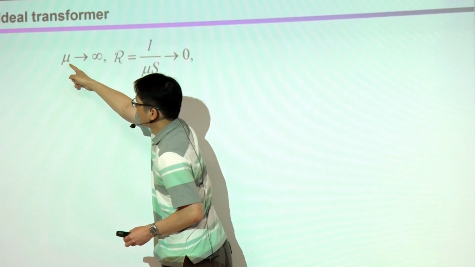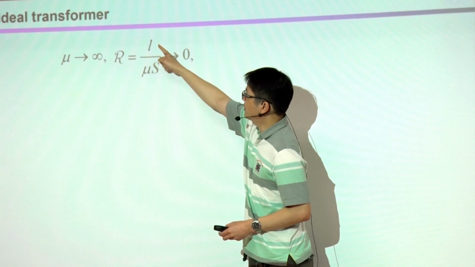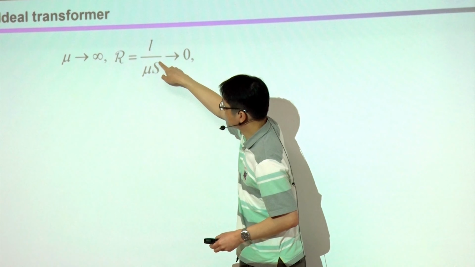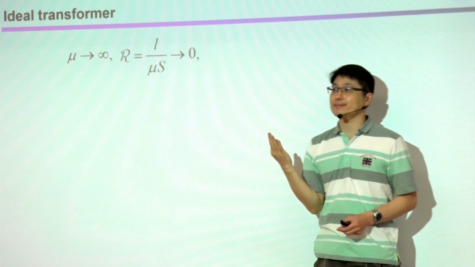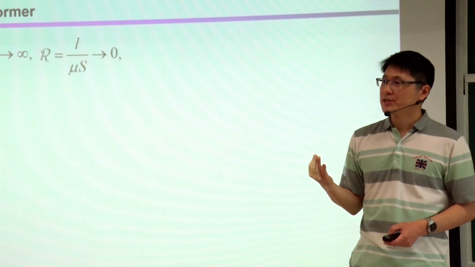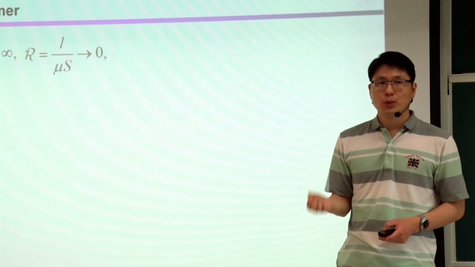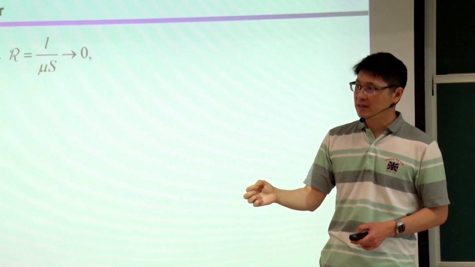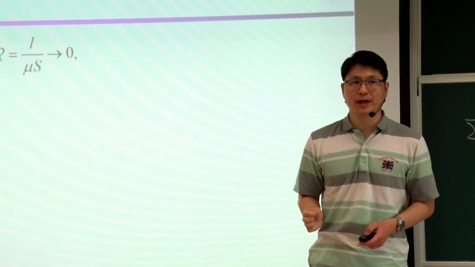If we have a very good core material, then the reluctance, the round trip length divided by the surface area and divided by mu, is approaching 0. Right? So an ideal transformer relies on no leakage flux because you're using a very, very good magnetic core.